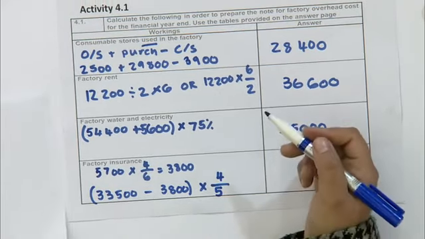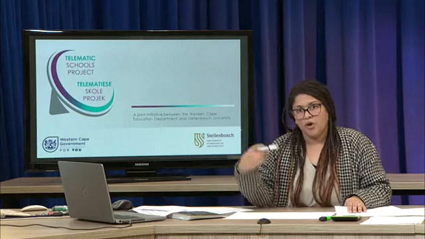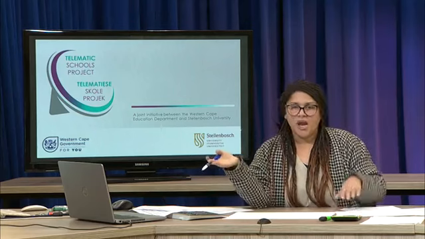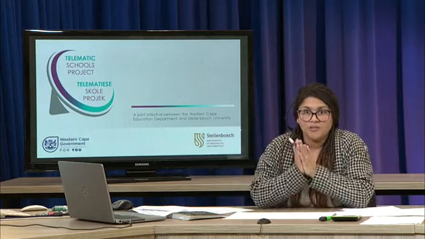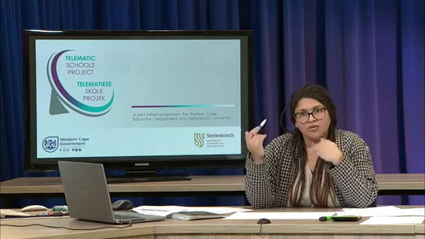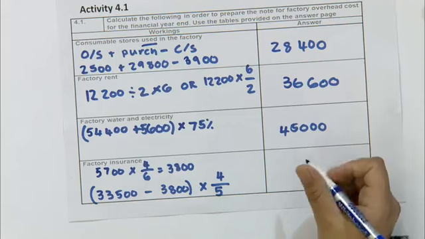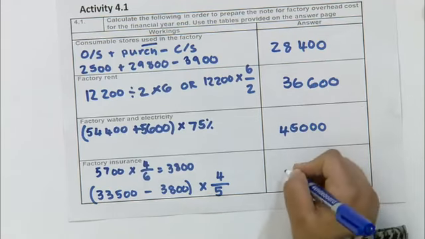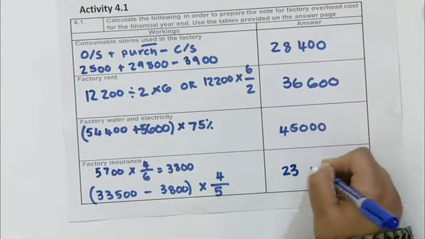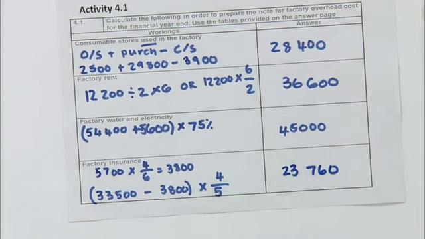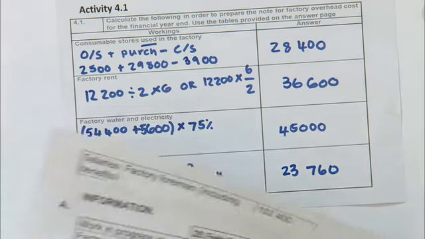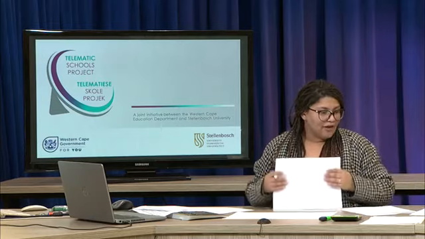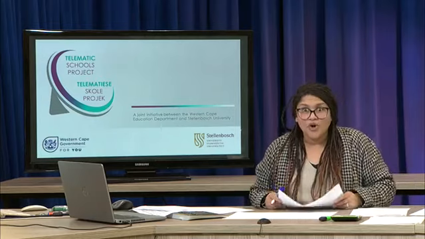Because four parts belong to the factory and 1 part belongs to the sales and distribution, and together it makes 5 parts. So what you want over what you have, and once you have that, your total amount should be 23,760. 23,760.